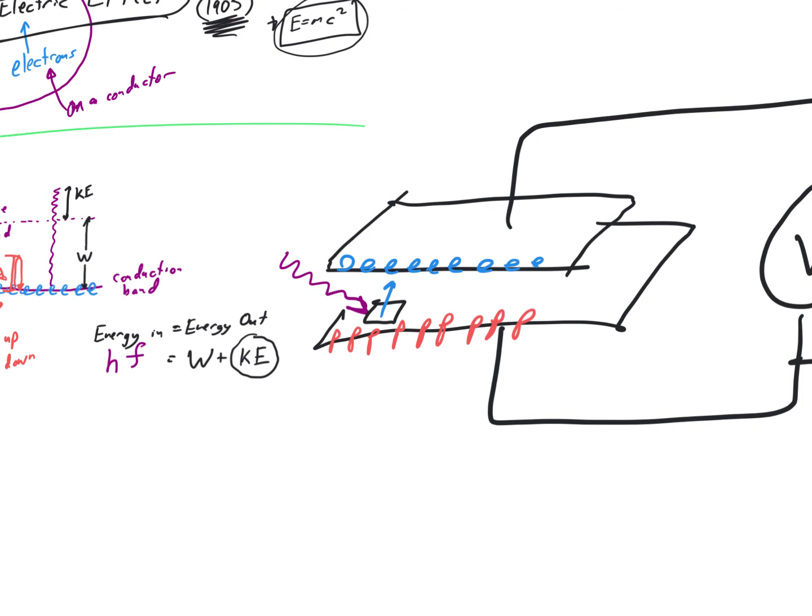How can I measure the kinetic energy with this thing? Well, as this thing charges more and more and more, it takes more and more energy for the electron to get to the negatively charged plate. So there's going to be a max voltage difference that occurs, where once there's this voltage difference across there, the electron cannot get across anymore.